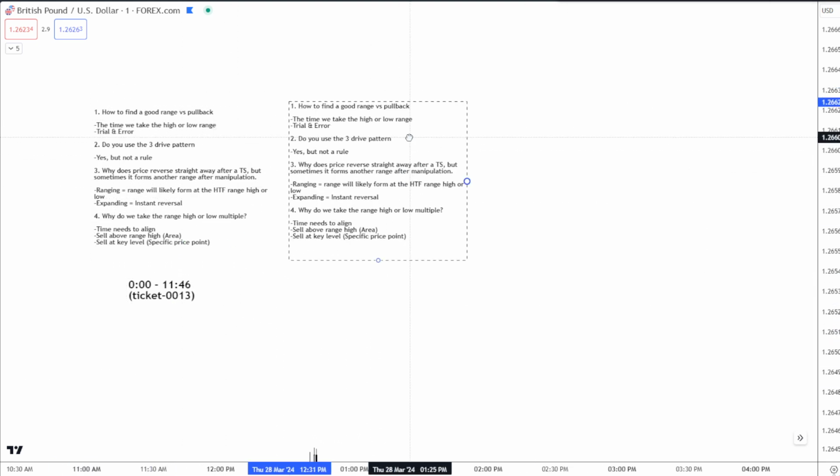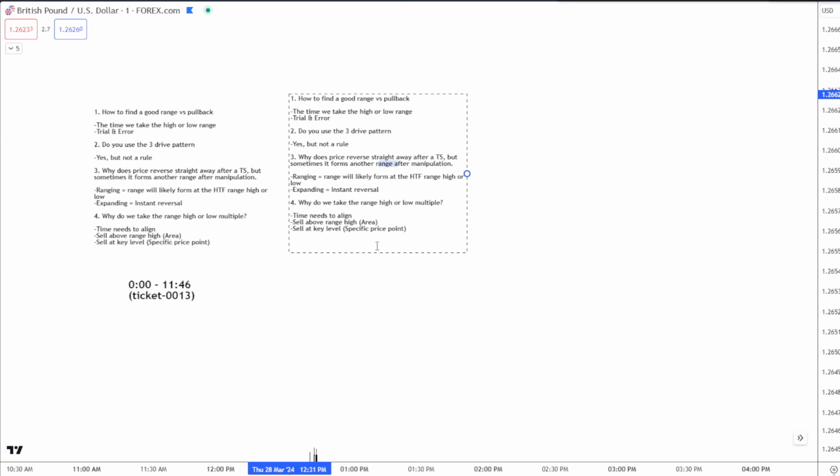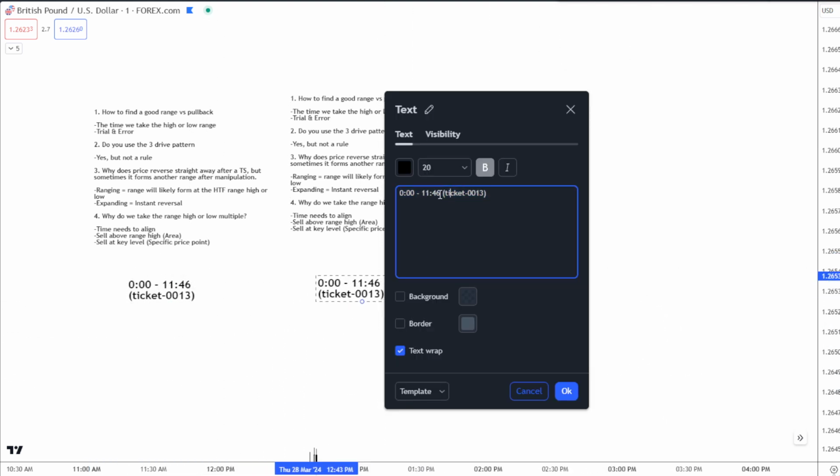Okay. Ticket number 2 will be from 11:46 to sometime. Ticket 0015. Okay.